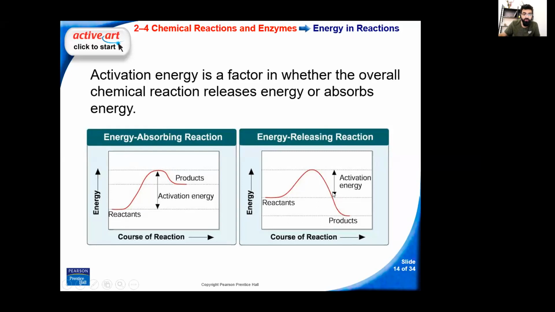The activation energy is between the reactant energy level and the top energy level. This is the activation energy.